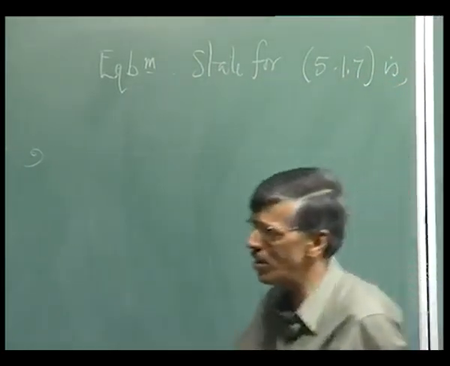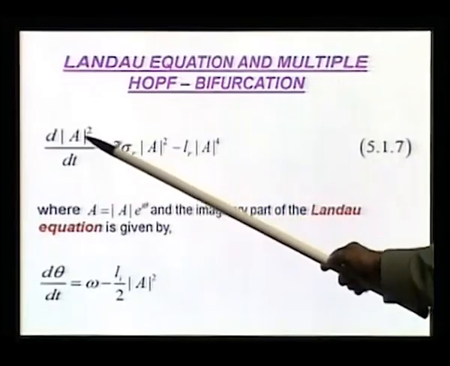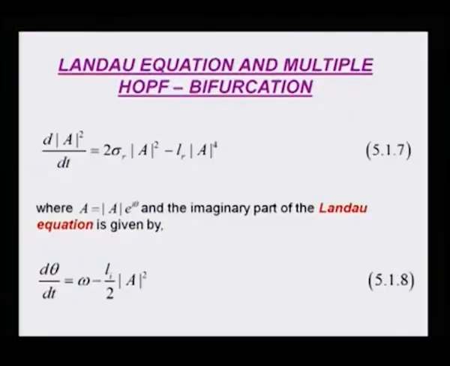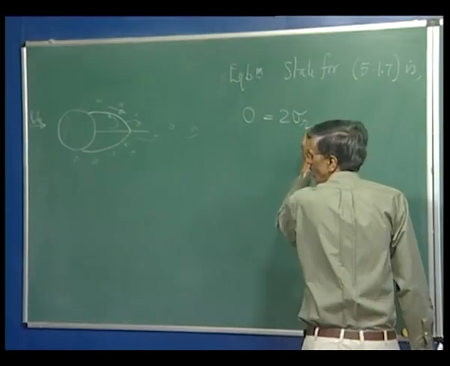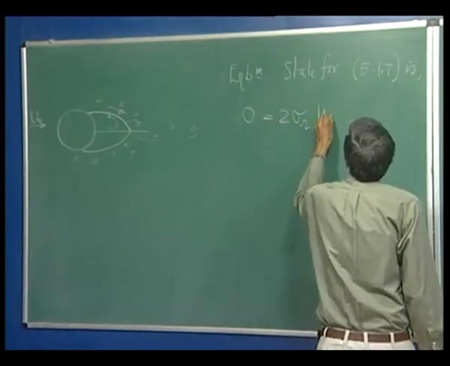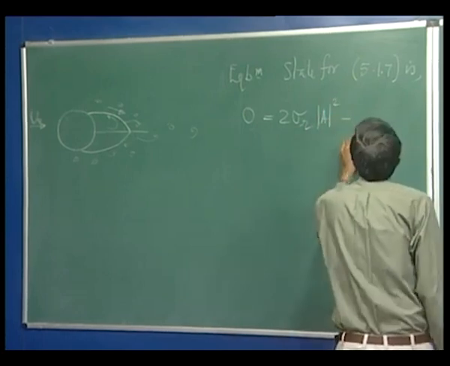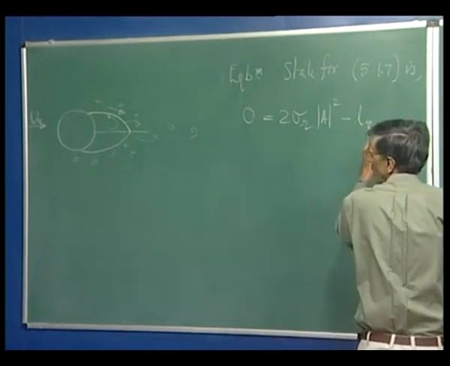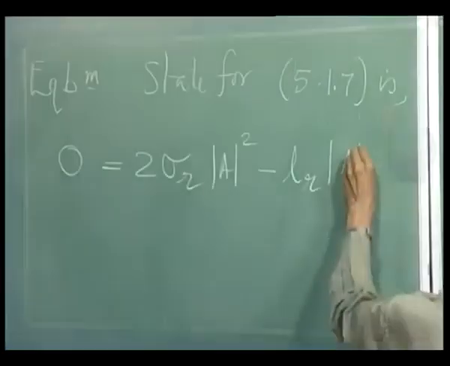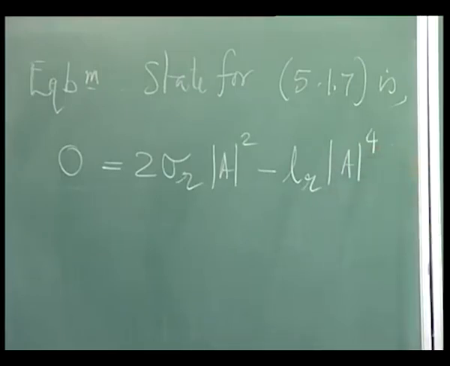That would be given by when I put the time rate equal to 0, isn't it? And that is what we figured out. So, that would be this 2 sigma r mod a square minus L r like this.